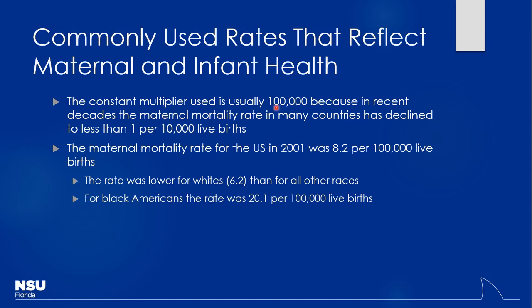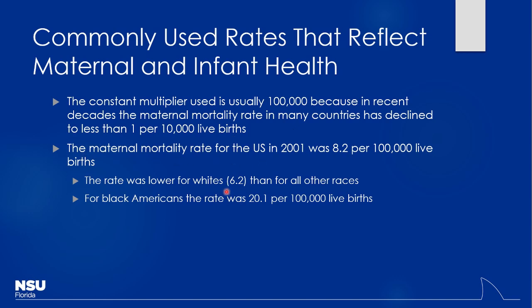So we use per 100,000, so that we at least get to some kind of whole numbers. That makes more intuitive sense to people. In 2001, the maternal mortality rate was 8.2 per 100,000; it wouldn't make sense to say 0.82 deaths per 10,000 live births, right? Because you can't have 82% of a mom die and the rest of her survive. It just doesn't work that way.